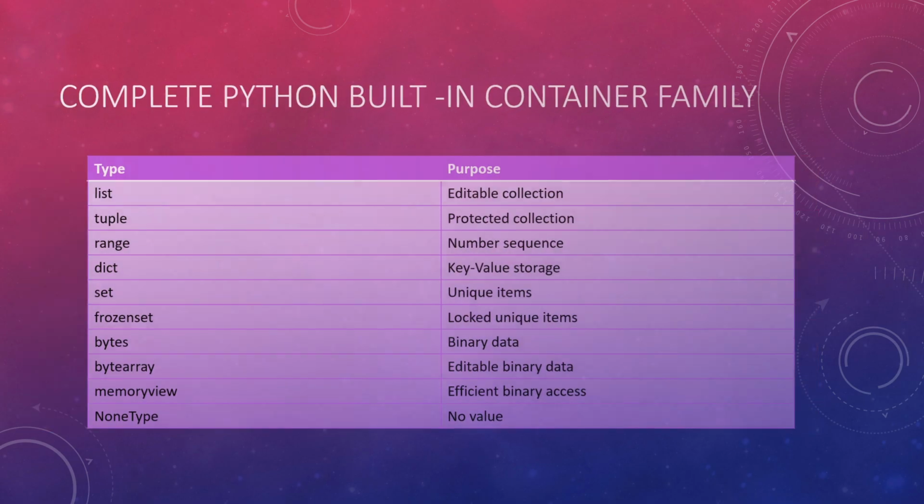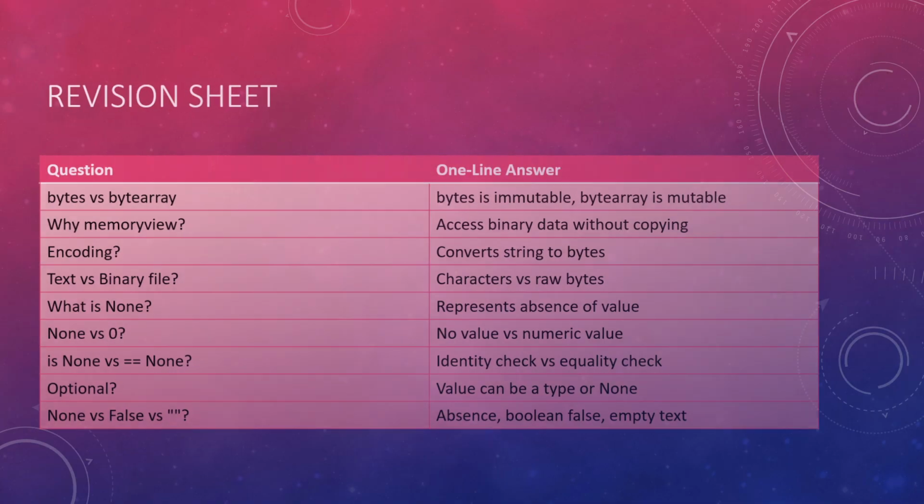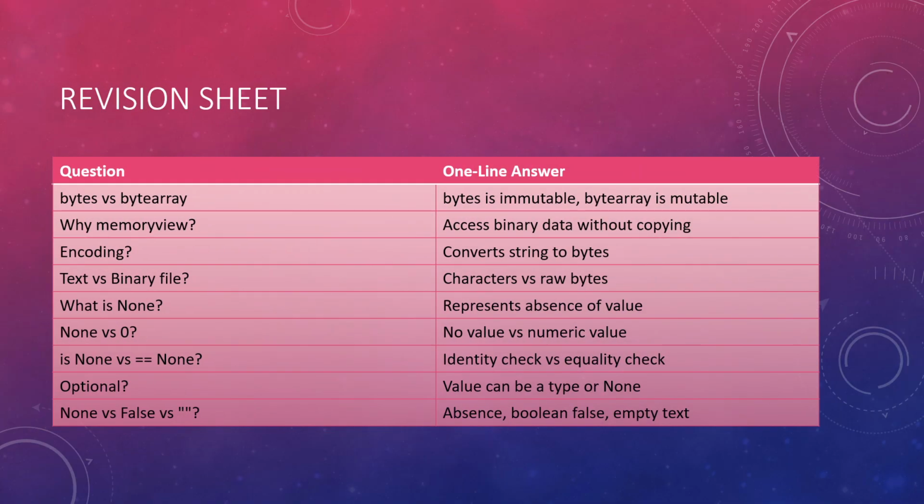So 0 is actually a numeric value, but None means no value. Next, is None versus equals None. We will use is for our comparison, an identity check, while double equal to is just a value check. So we won't use this; we will use the identity check for None. Optional value can be a type or None, right?